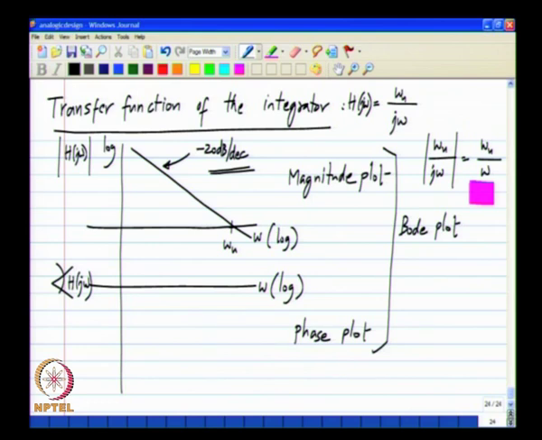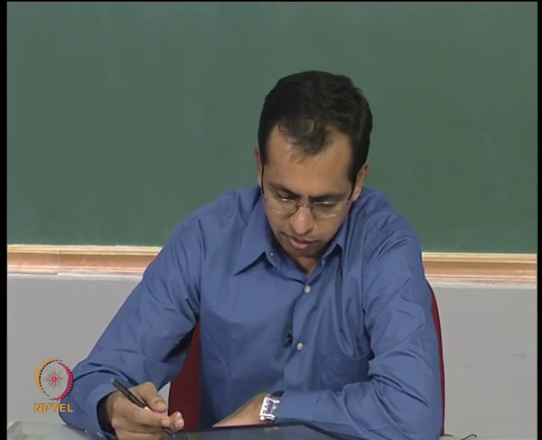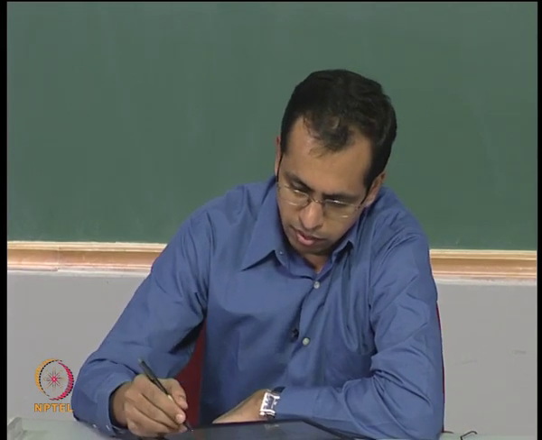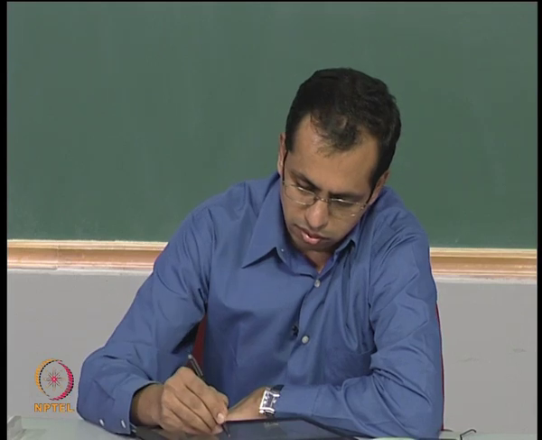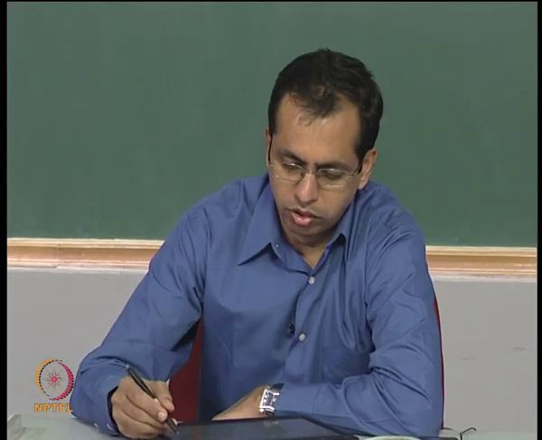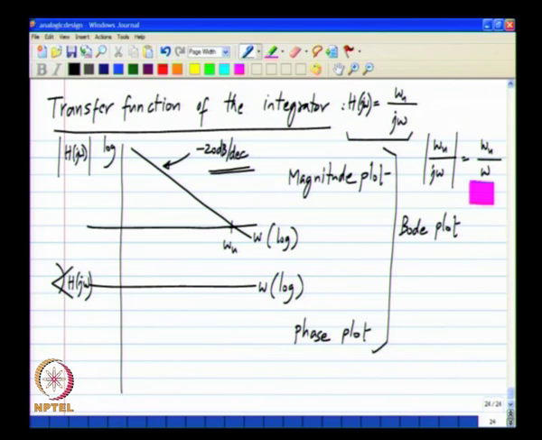Now, for the phase of the integrator's transfer function, this is even easier because we have a single j in the denominator. The phase of this transfer function is always equal to minus pi by 2 or minus 90 degrees.